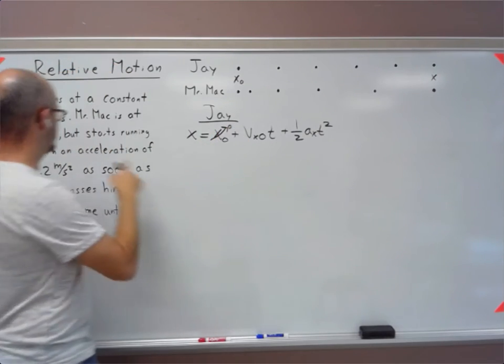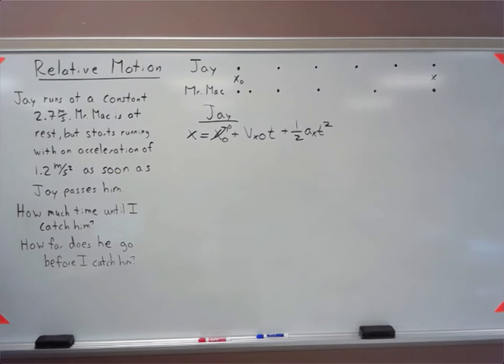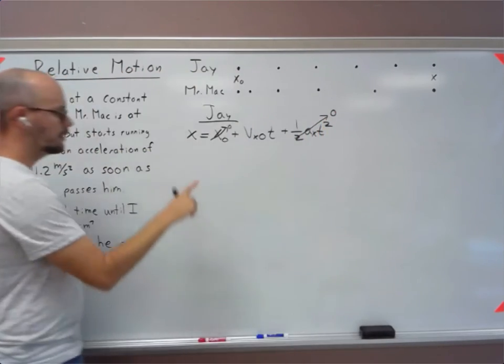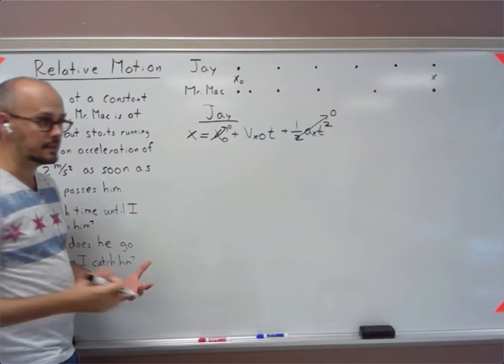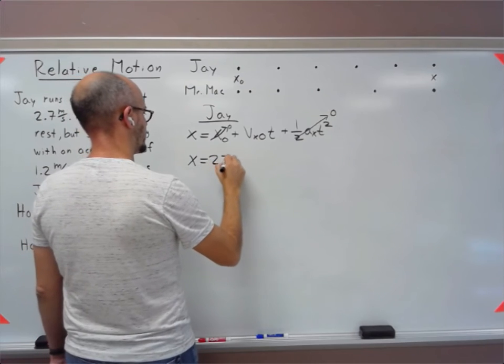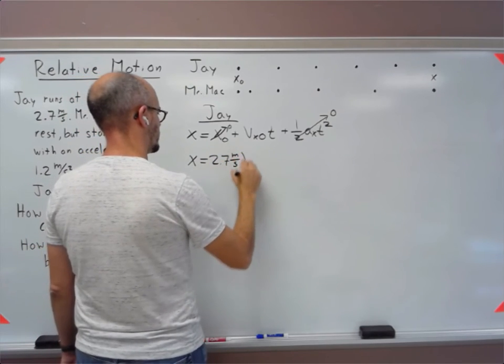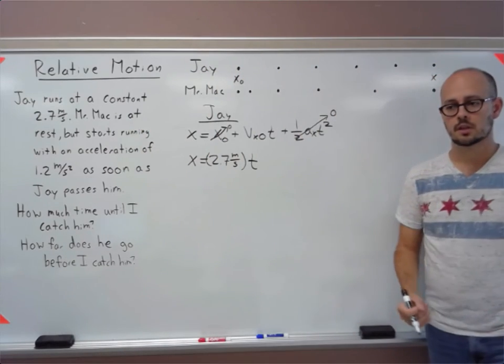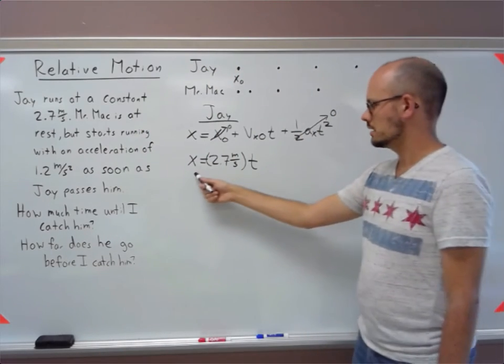We'll also understand that because he's running at constant velocity, his acceleration is 0. And so the equation that describes where Jay is at any moment in time is x equals 2.7 meters per second times time.